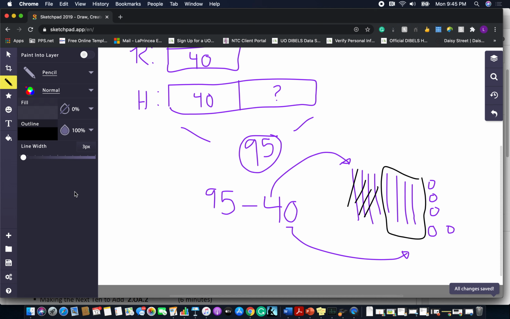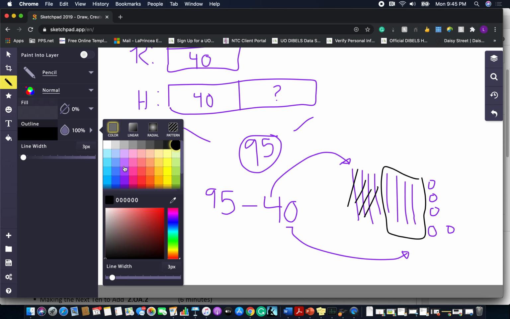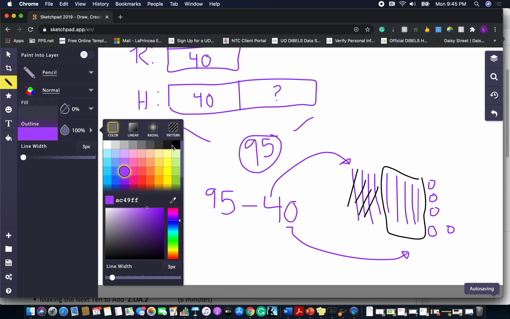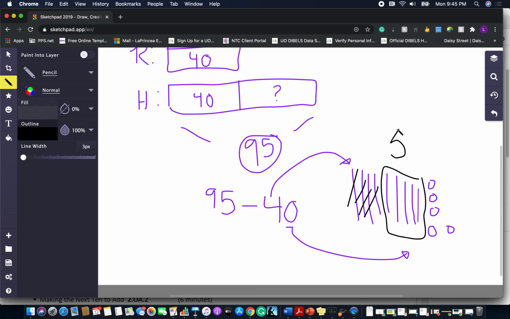Oops, I noticed that I didn't draw 9 of them. Cool. I have a total of 1, 2, 3, 4, 5 tens, and 1, 2, 3, 4, 5 ones.